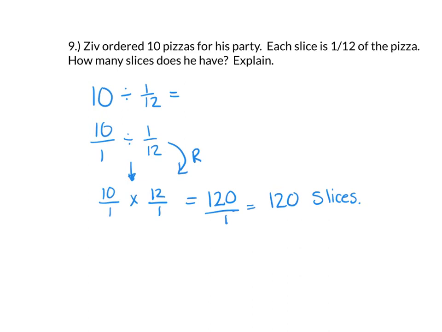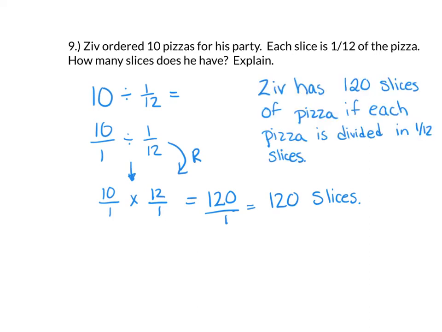Okay, so it says how many slices does he have? So now we need to explain. So I need to say that Ziv has 120 slices of pizza. So Ziv has 120 slices of pizza if each piece is divided into 1/12 slices.